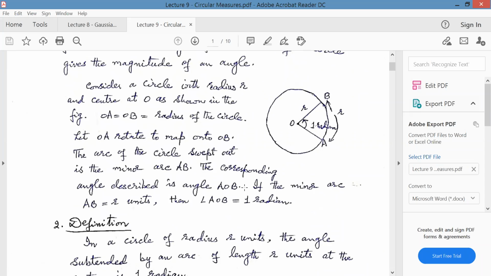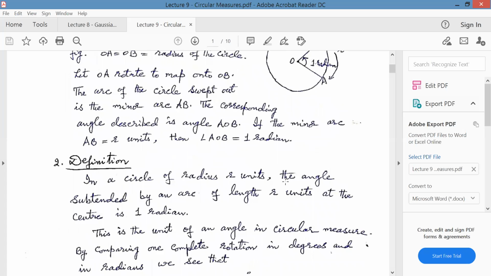If the minor arc AB is equal to r units, then angle AOB is equal to 1 radian. So this angle is 1 radian. OA is r and AB is also r. So r divided by r, this ratio, is 1 radian.